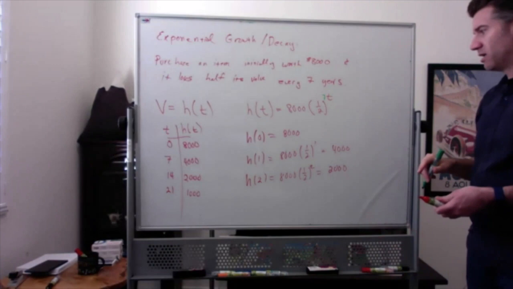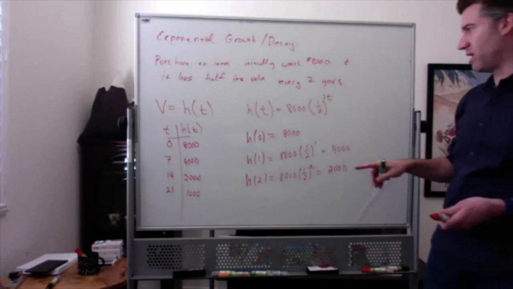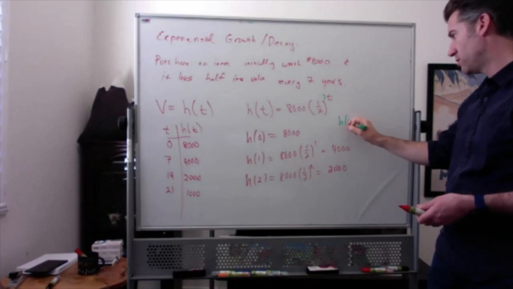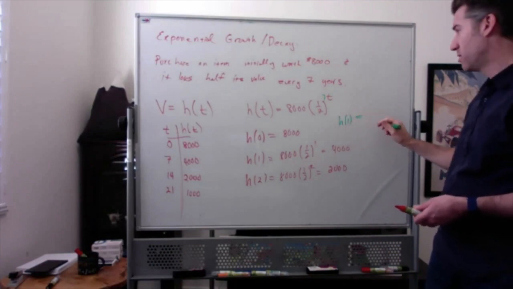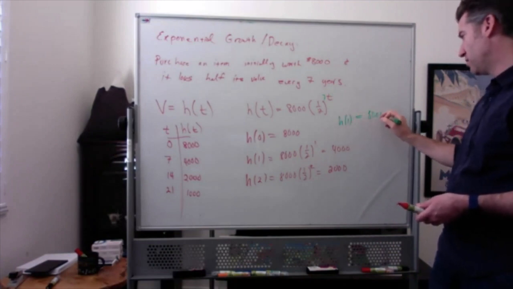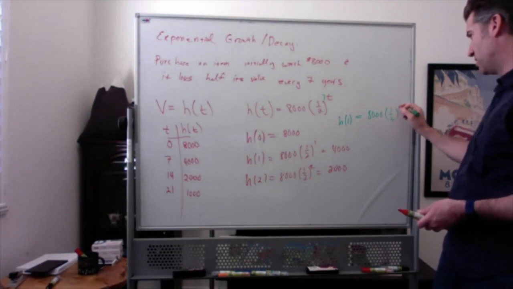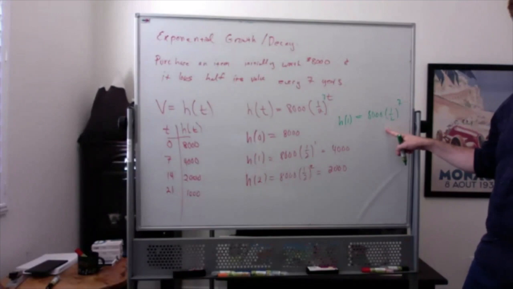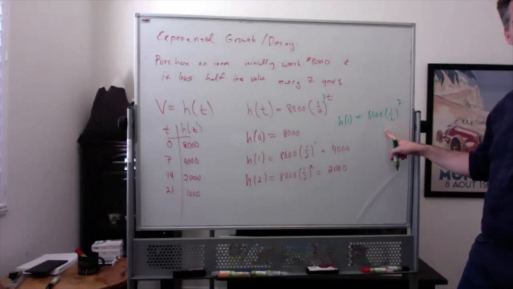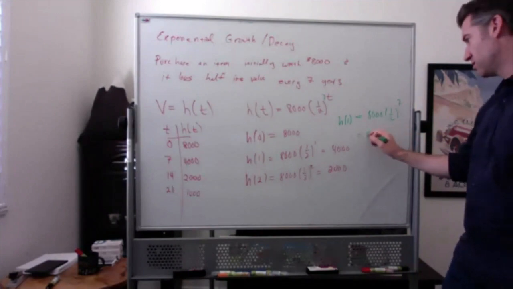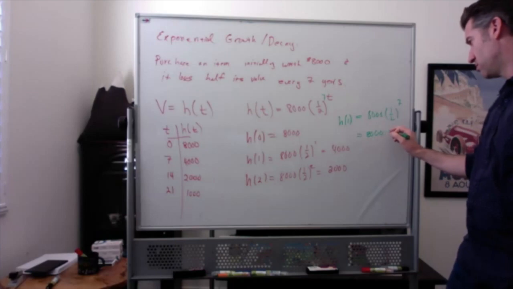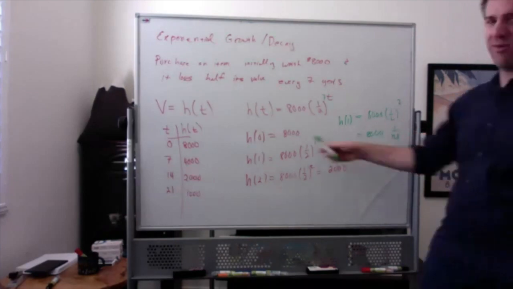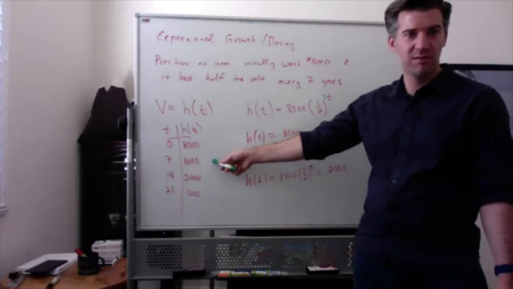But let's see. If I plug in t equals 1, I'm going to get 8,000 times 1/2 to the 7 times 1, which is 7. 1/2 to the 7th power is 1 over 128. And that looks too small, right? I wanted it to be 4,000.